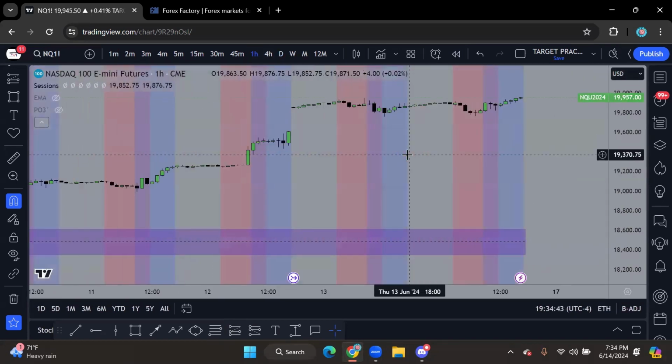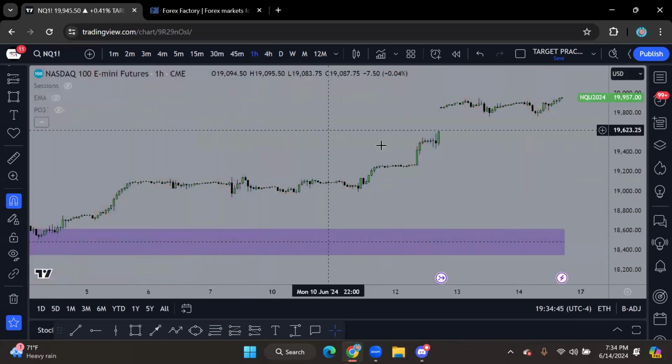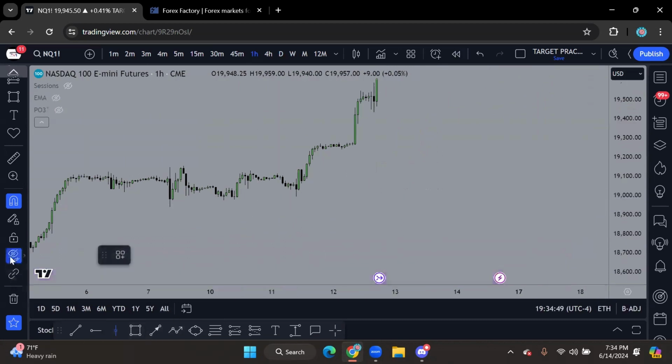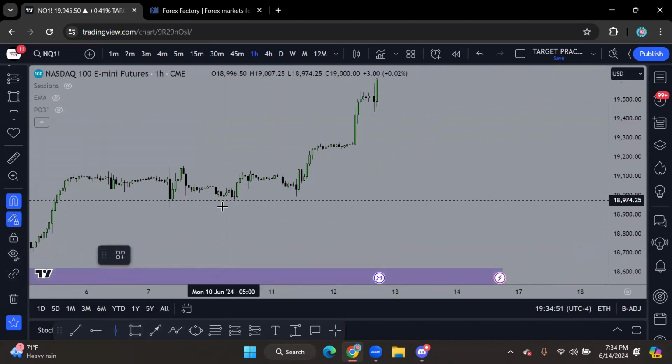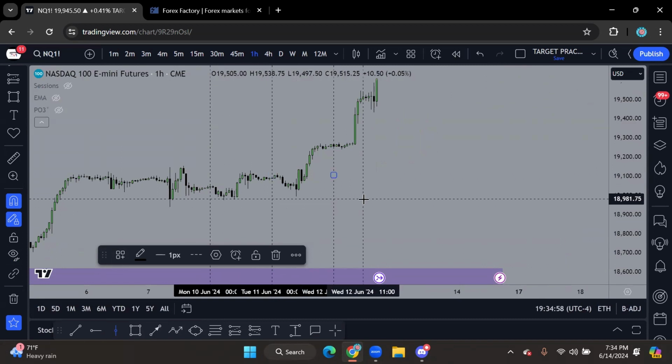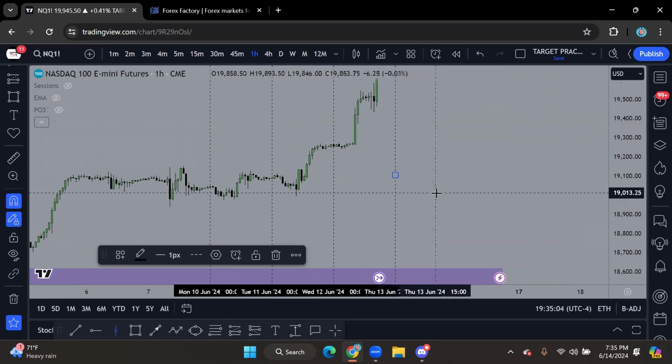So if you're looking at the market, we have Monday's price action right here, Tuesday, Wednesday, Thursday, and Friday.